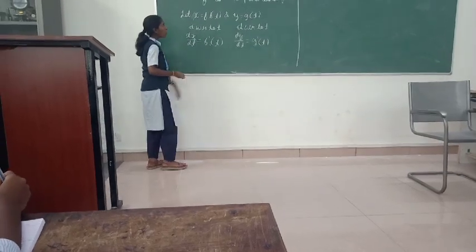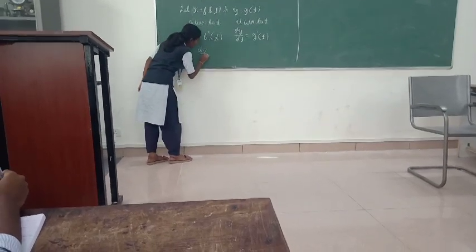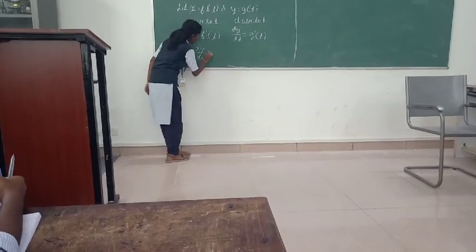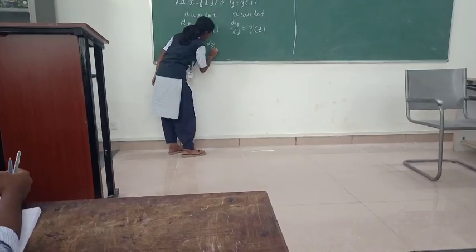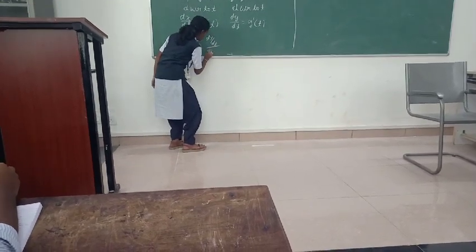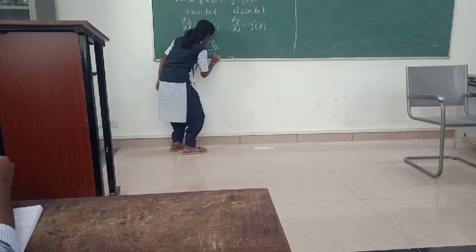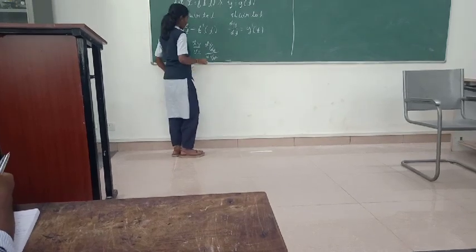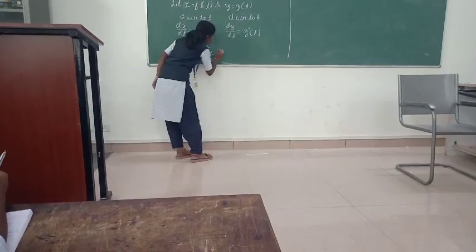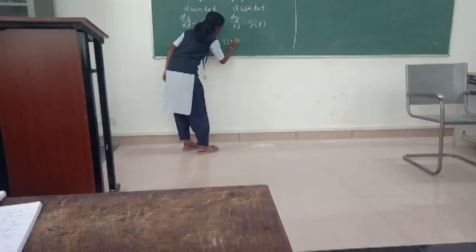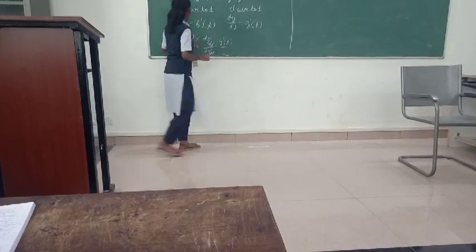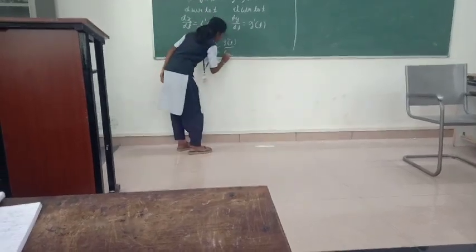Next we write in the form of dy by dx. dy by dx is equal to dy by dt divided by dx by dt, which is g dash of t by f dash of t.